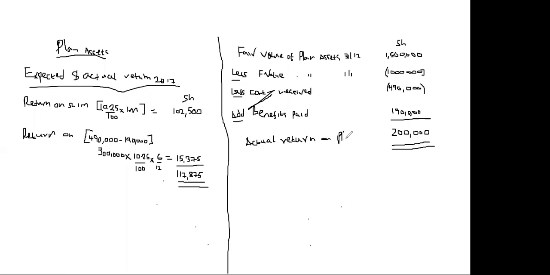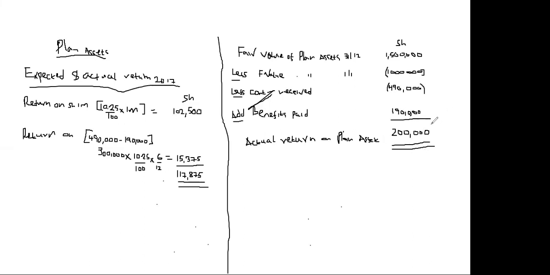If you look at our expected return, we calculated that as 117,875. So to determine whether there has been an actuarial gain or loss, we compare these two figures: the expected return, which was 117,875, and the actual return, which is 200,000.